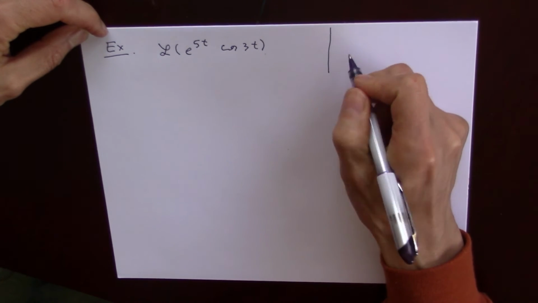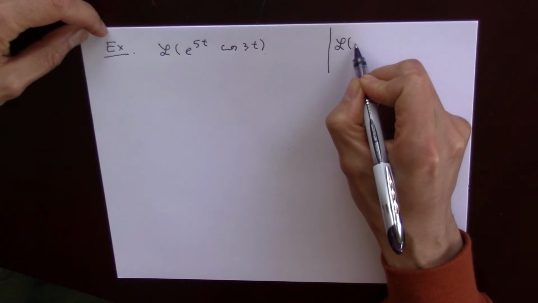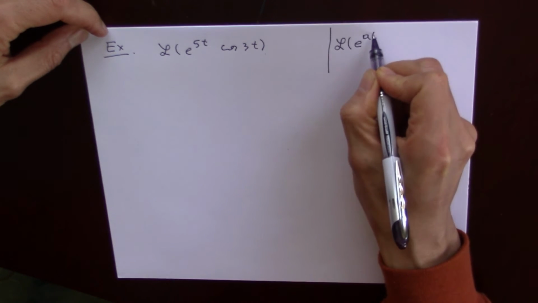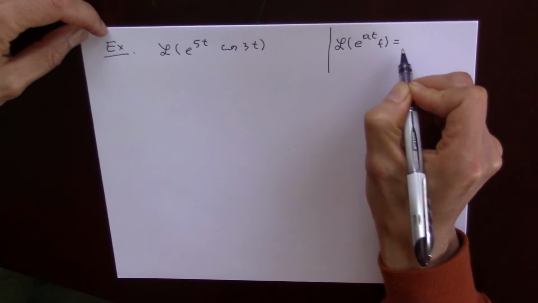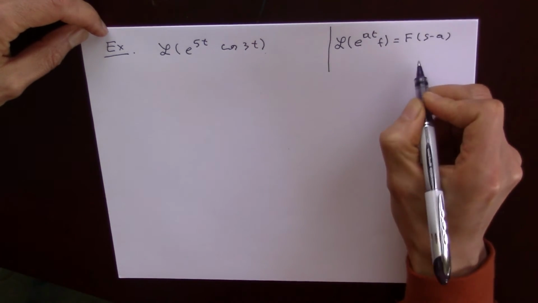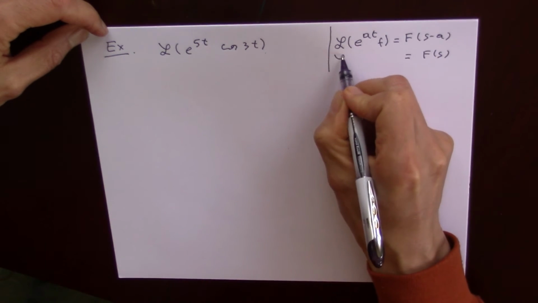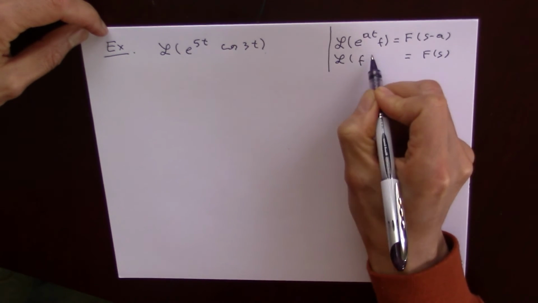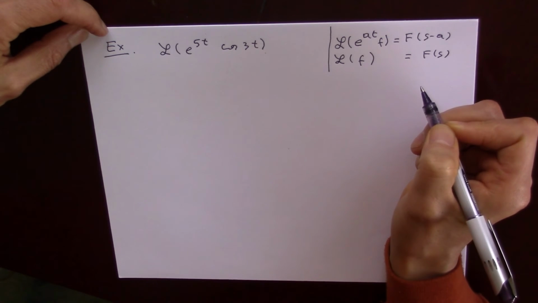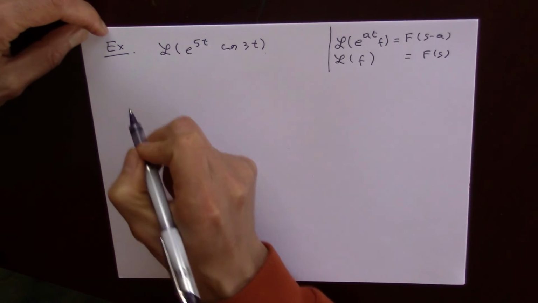It says if I want to find the Laplace transform of e to the at times function f, that equals F of s minus a, where F of s is the Laplace transform of function f.